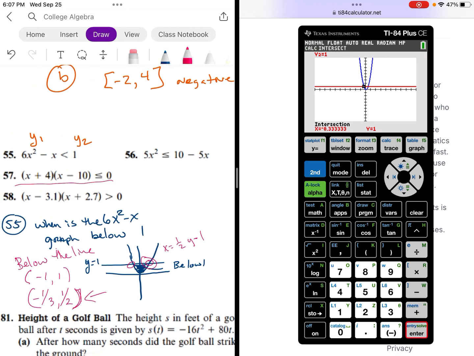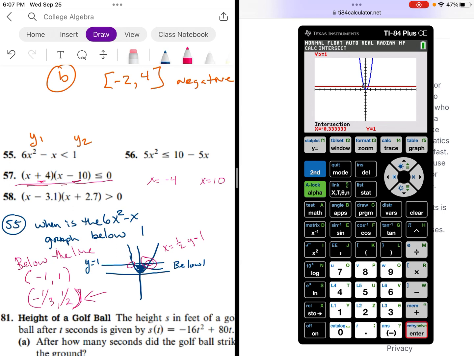We could treat 57 like we did the ones up above. We could graph it. They tell us here these are our x-intercepts. I have an x-intercept at -4 and at x is equal to +10. And so when is the graph below or equal to 0?